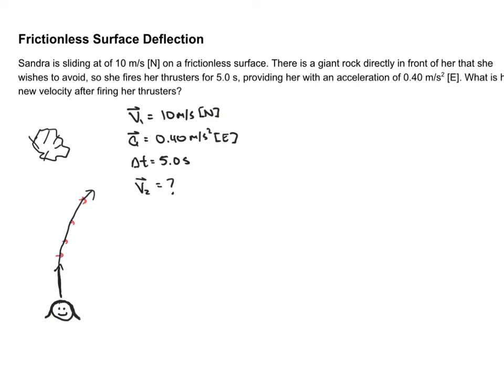I can actually just use the formula for the definition of acceleration and rearrange it for V2. So acceleration is the change of velocity, V2 minus V1, divided by time. I'll isolate that for V2. So I'm going to start by multiplying time to both sides, so acceleration times time, and then plus V1.